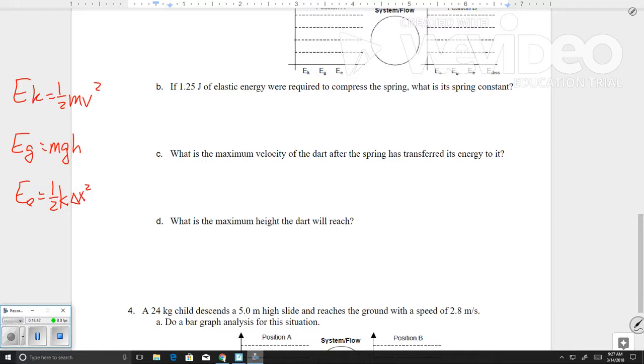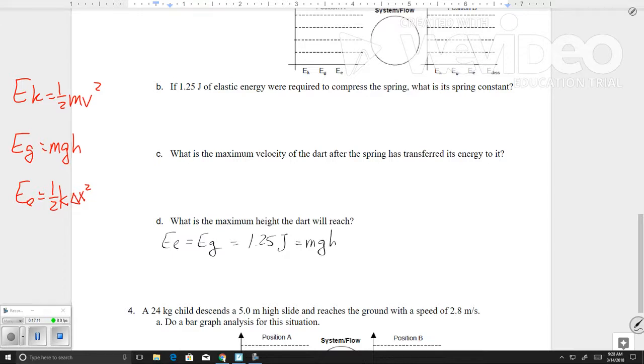In part D, we want the maximum height the dart will reach. I had to erase some of the stuff there because the writing won't fit on the worksheet slide. From this one, elastic energy equals gravitational potential energy. So again, 1.25 joules equals mgh.